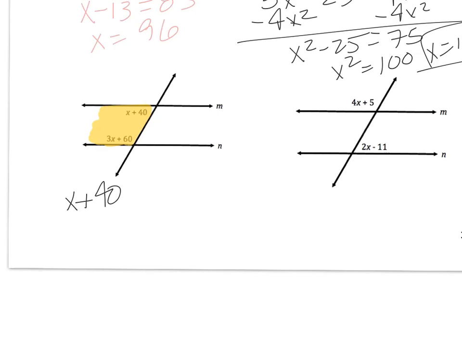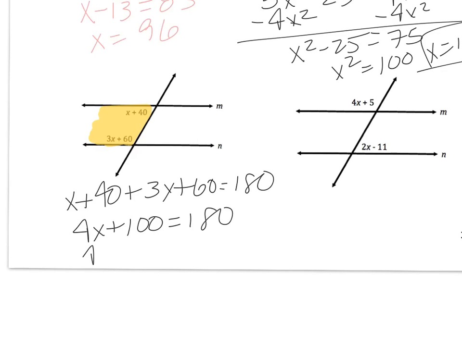So x plus 40 plus 3x plus 60 equals 180. I wind up with 4x plus 100 equals 180. 4x equals 80. And x is equal to 20 in this case. If I wanted to, I could plug those numbers in, and this angle would be 60 degrees, and this angle would be 120 degrees, and I know for a fact that they're correct.